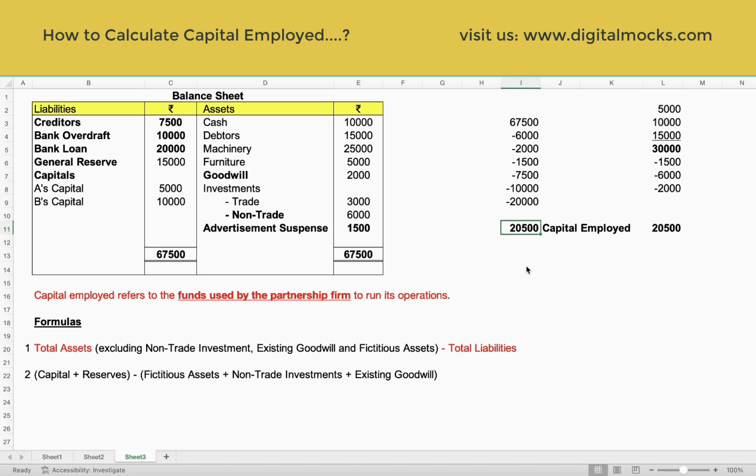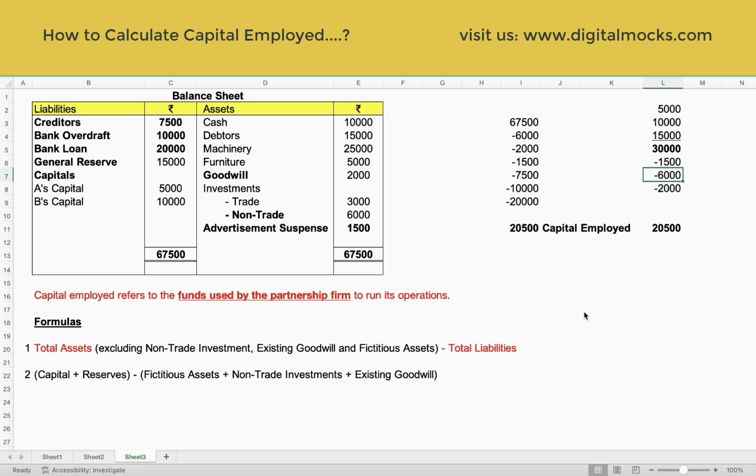I hope you guys understood the meaning of capital employed. Again I am repeating, capital employed doesn't mean the amount invested by the partners in the firm. It means how much money the firm is using. So that is known as capital employed, right? And a very important thing is what? Non-trade investment we have to subtract. The reason why? Because that money is not invested in the firm.